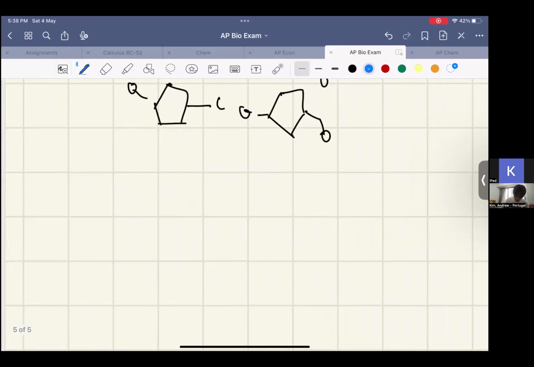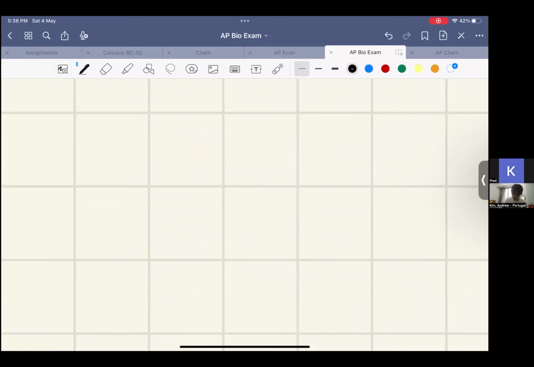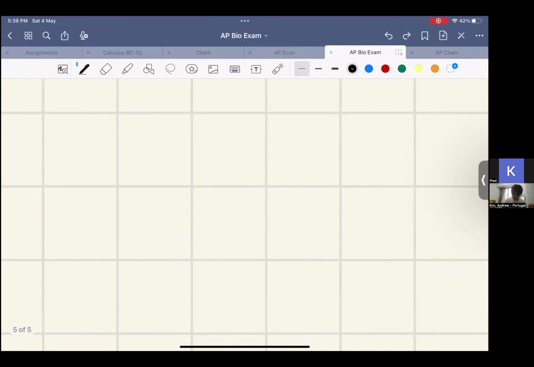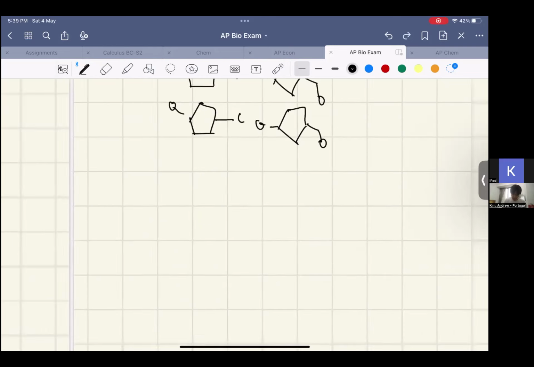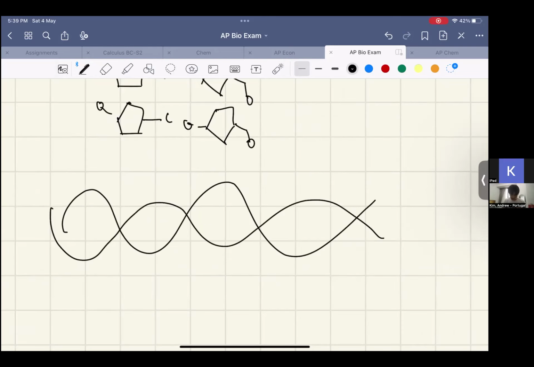Now, let's talk about how replication actually works, okay? So this is a DNA structure. Now, you might think it looks kind of odd, right? First of all, let's just start from the actual normal DNA structure. So normally DNA looks like this, right?